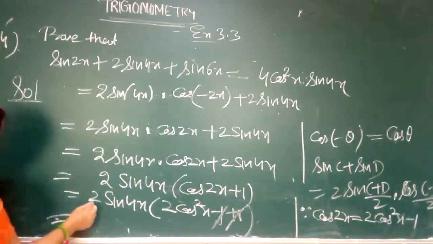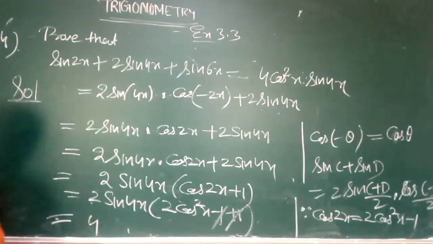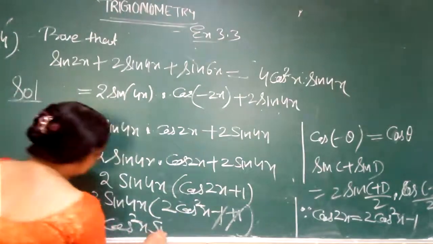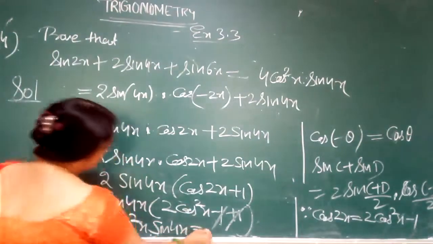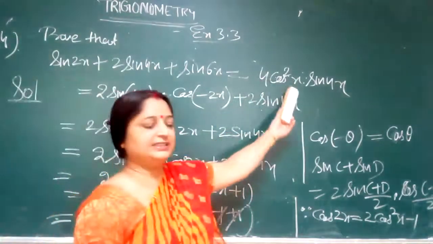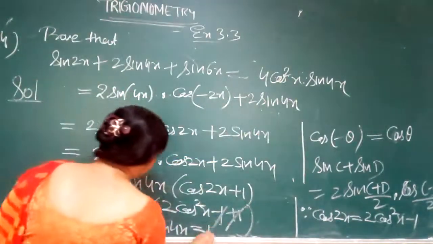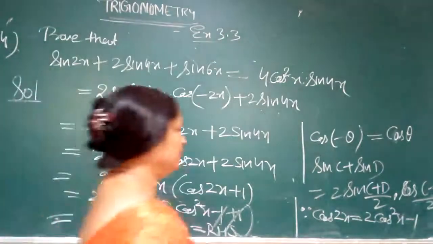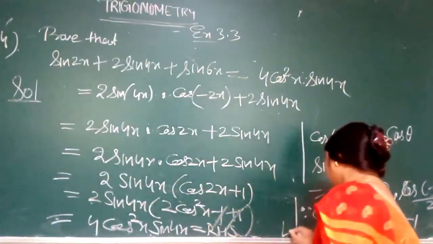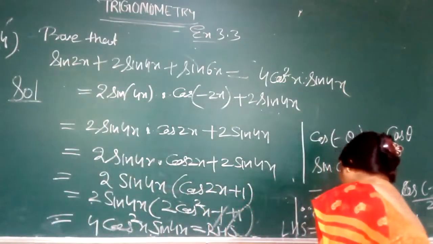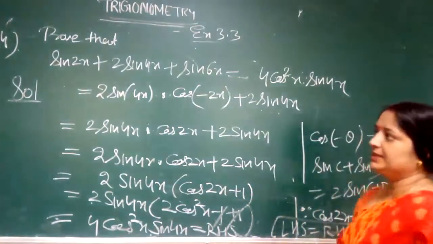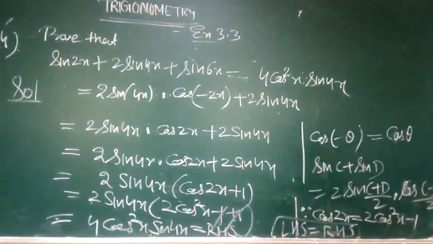What is coming here? 2 to the 4 into cos square x into sin 4x. And you can see here this is the right hand side. So left hand side is equal to right hand side. Hence verified. Hence the solution of question number 14 is verified.